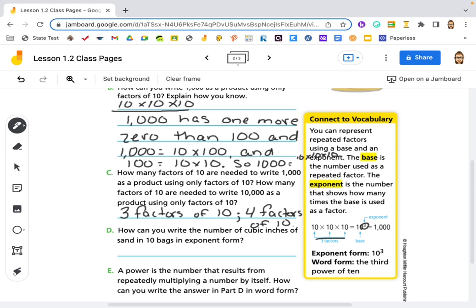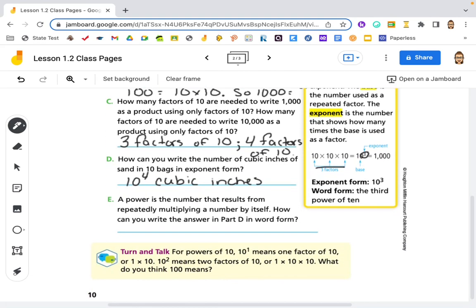So how can you write the number of cubic inches of sand in 10 bags in exponent form? Well, if there are 4 factors, that means our base is 10. Right now 10 to the 4th, and we say cubic inches. Then it says, a power is the number that results from repeatedly multiplying a number by itself. How can you write the answer in part D in word form?